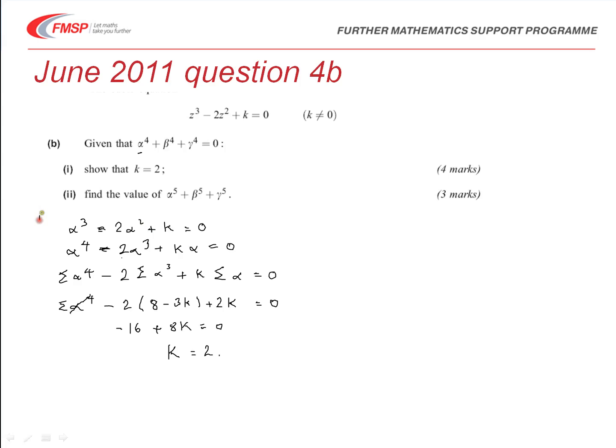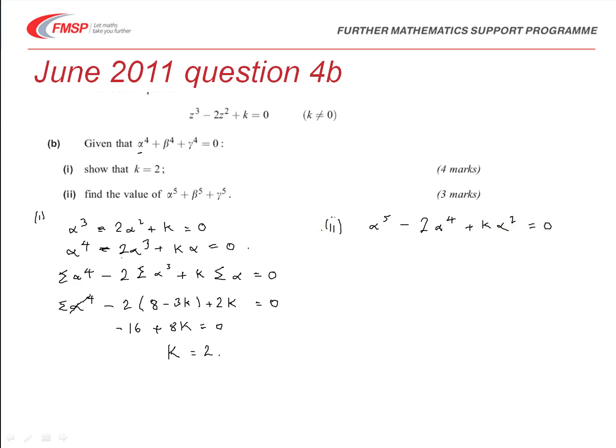Right, well, if we do that over here, if we again use the same reasoning as we did previously, we can write down, taking this statement for alpha to the 4, that alpha to the power of 5 minus twice alpha to the power of 4 plus k lots of alpha squared equals 0.